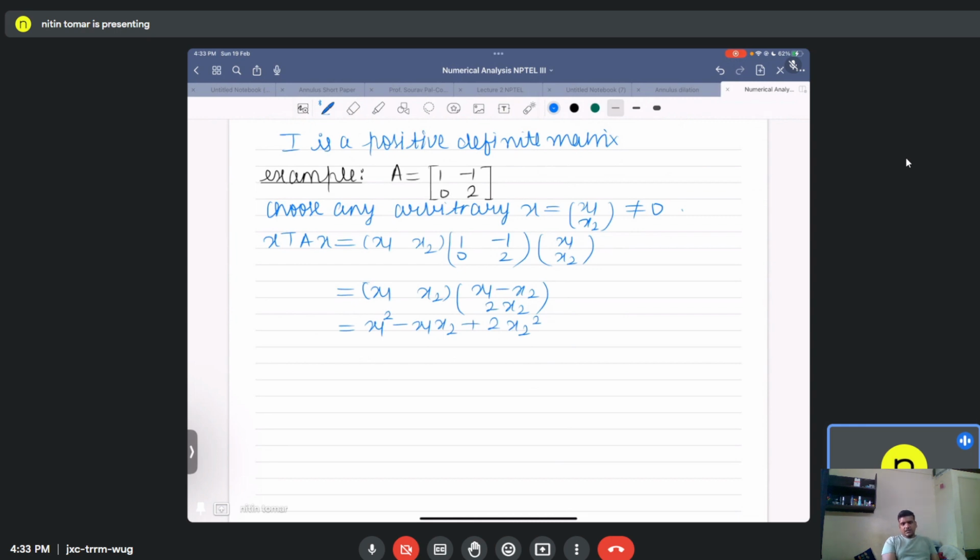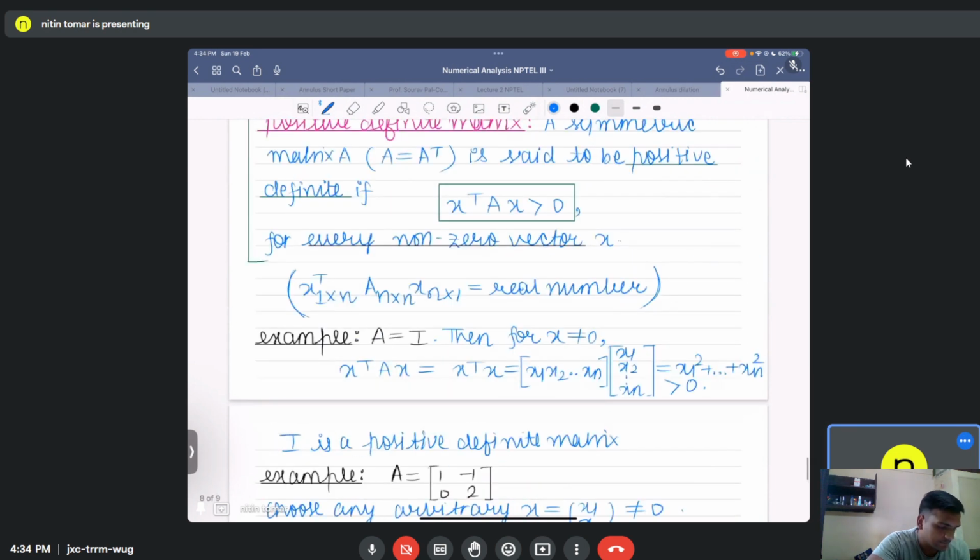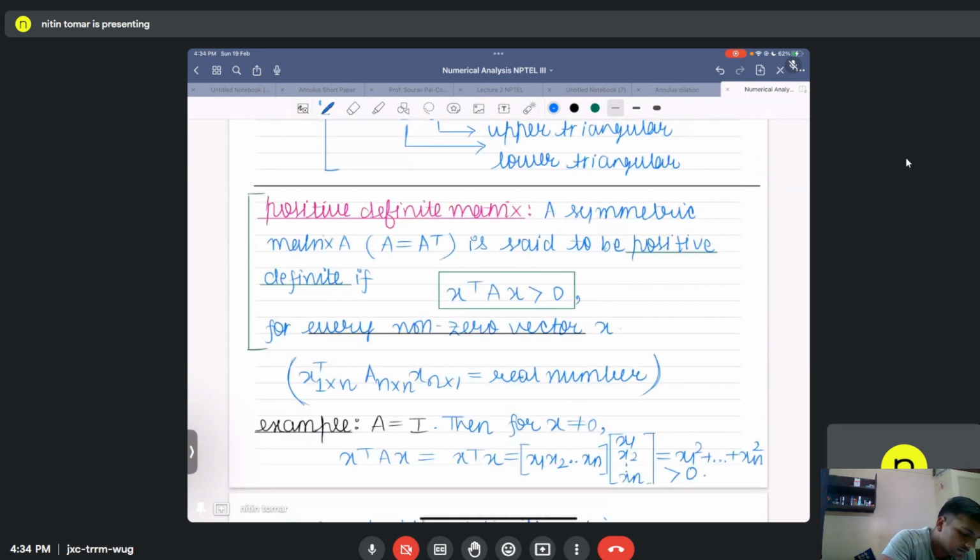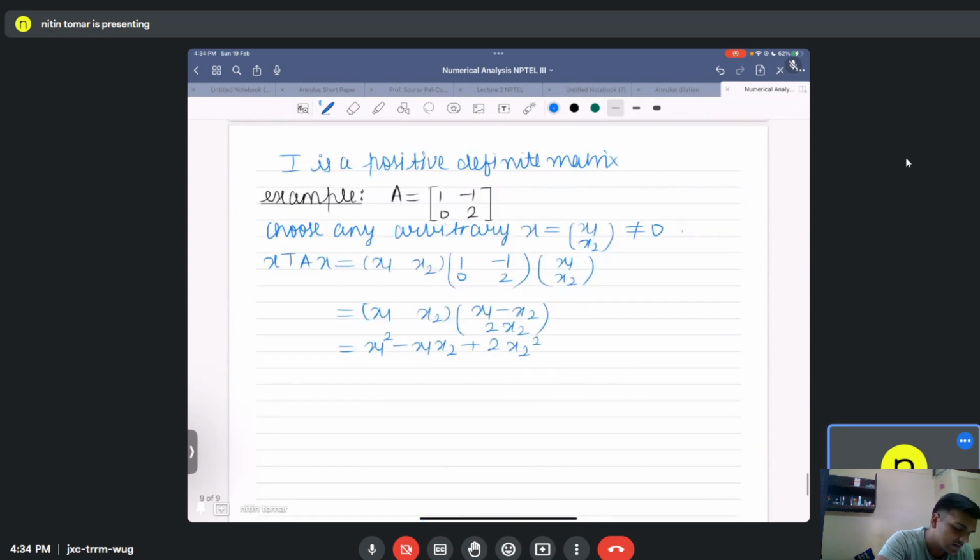Before even checking that, is A symmetric? No, sir. So this cannot be positive definite, right? Suppose A is symmetric, then it's positive definite.